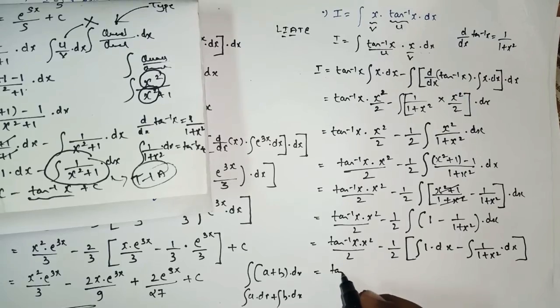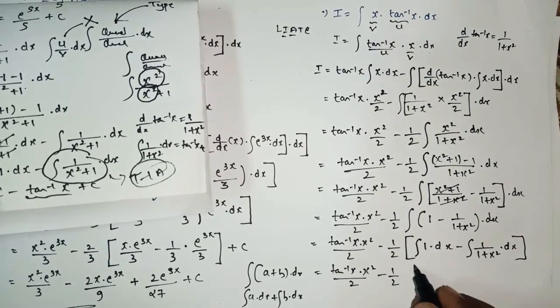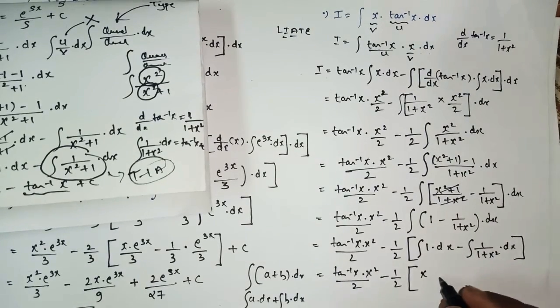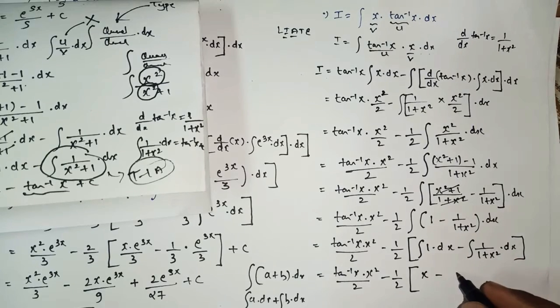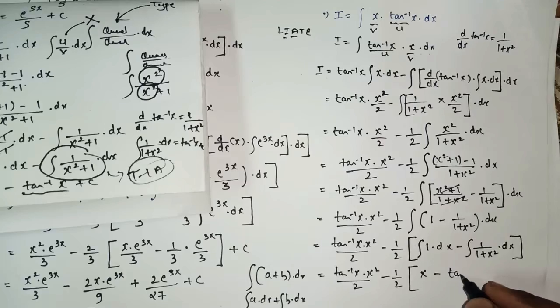So here tan inverse x into x square upon 2 minus 1 by 2, integration of 1 is what? x, and integration of 1 upon 1 plus x square is what? Tan inverse.